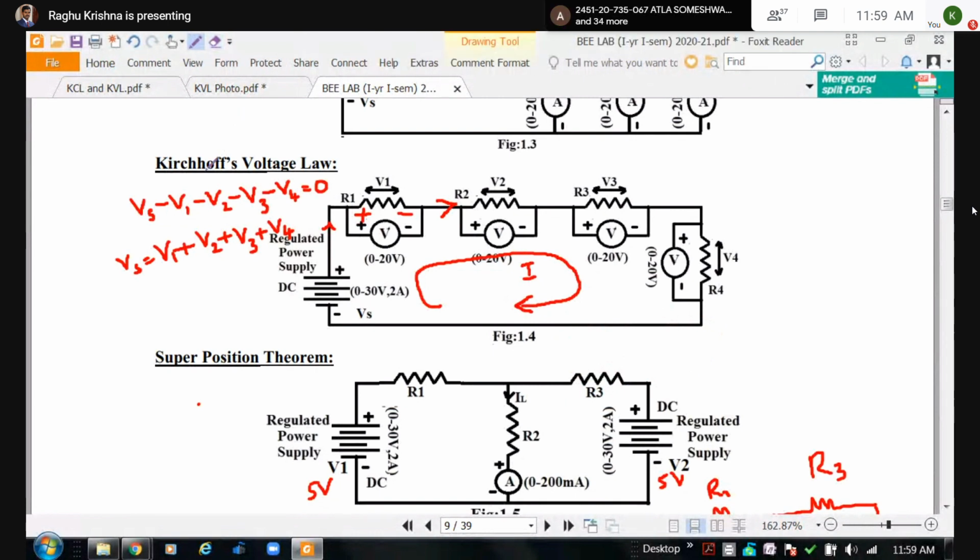Are you able to see the screen? Anyone? Respond please. Yes, sir.